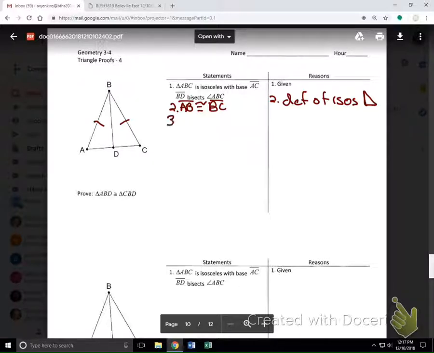So we know that angle ABD is congruent to angle CBD. And what do we know that based on? Definition of angle bisector.